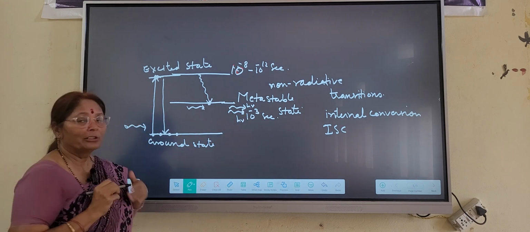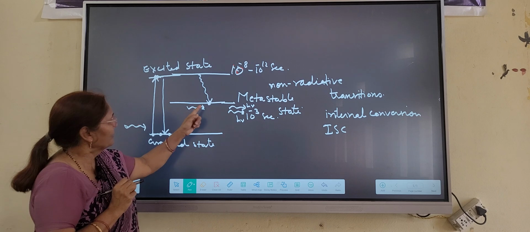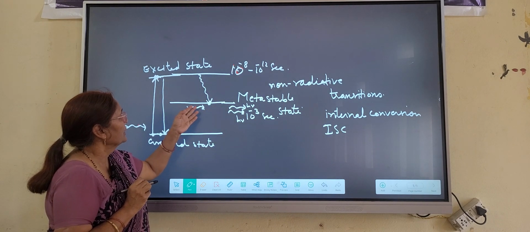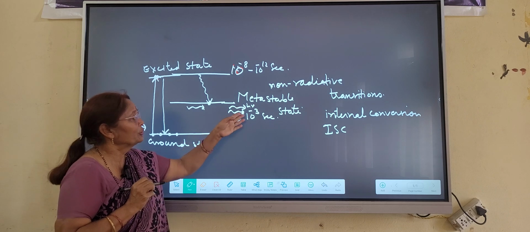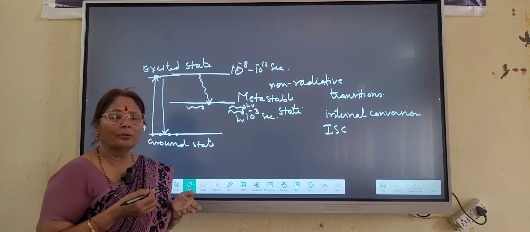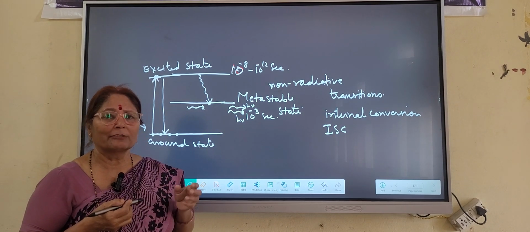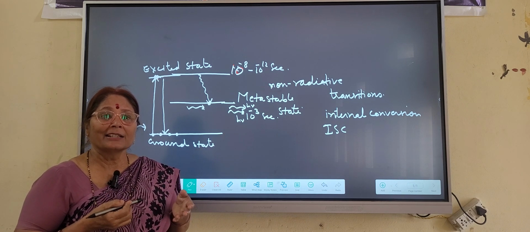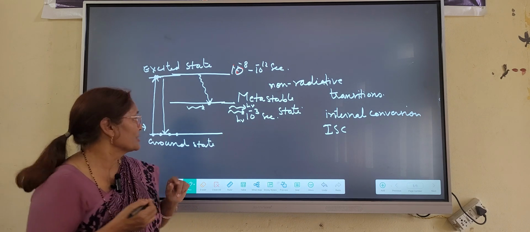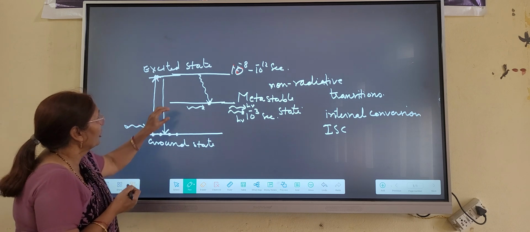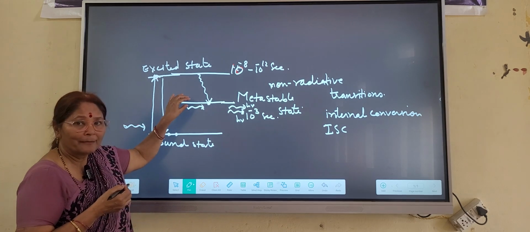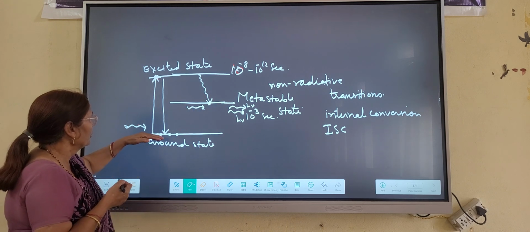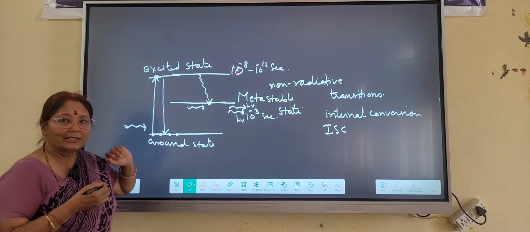So now what my aim is, actually if I have only one atom here and only one atom is hit and it comes out with two photons, then the light will not be of very much use for us, because it will not be a very high beam, it will not be very intense, and its amplitude will also not be too much. So what we have to do, we want more number of atoms in this state, and more number of atoms in this state is possible if more number of atoms are present in the excited state.